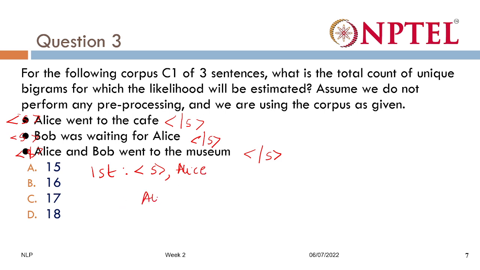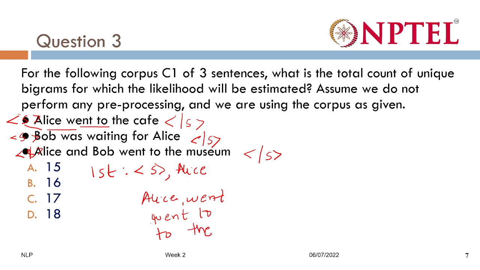Then Alice went is your second bigram. Then went to. So we are moving a window of two, sliding the window: S and Alice, then Alice and went, then went to.